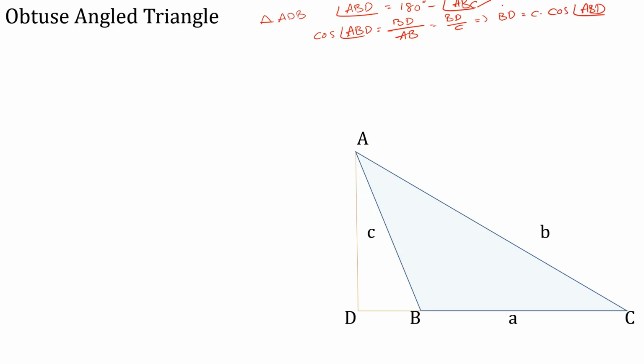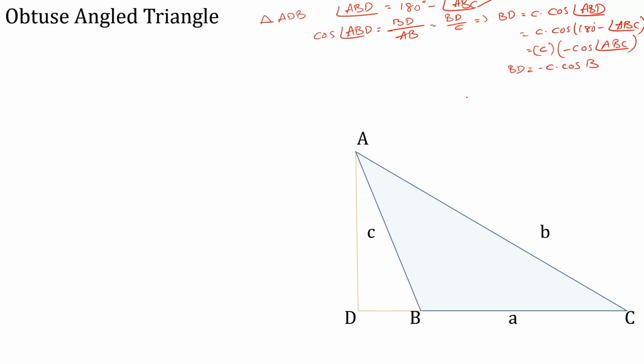But from the above equation, we can substitute the cos value to be cos of 180 degrees minus angle ABC. We know that cos of 180 degrees minus theta is minus cos theta. So this can be written as c into minus cos angle ABC. So BD is finally minus c into cos ABC, which can be simply written as angle B.